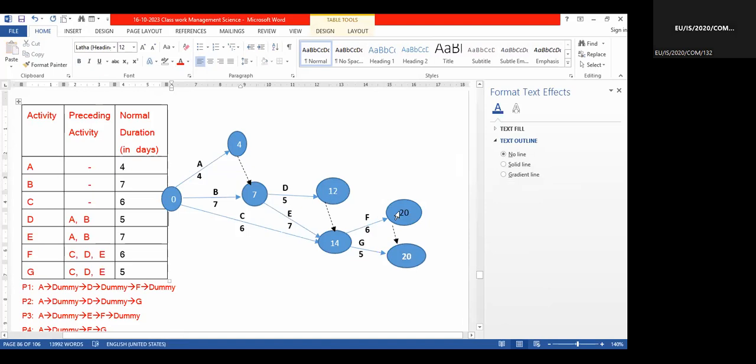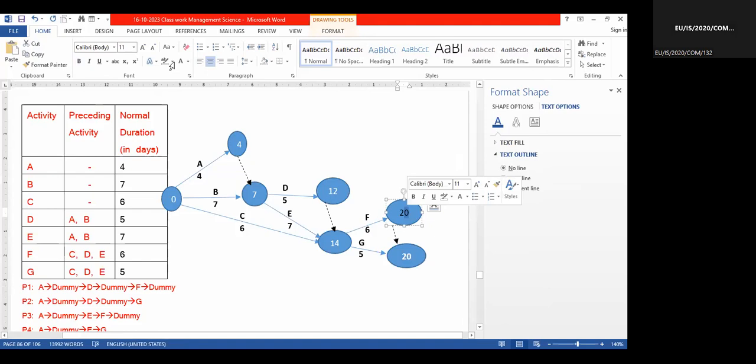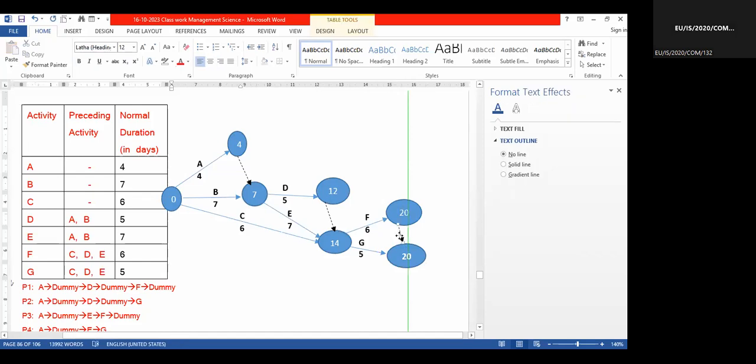Now you have understood how to put the time in the network diagrams and also how some activities have no time. Okay, students, has anybody given a correct answer? Nobody is giving a correct answer.